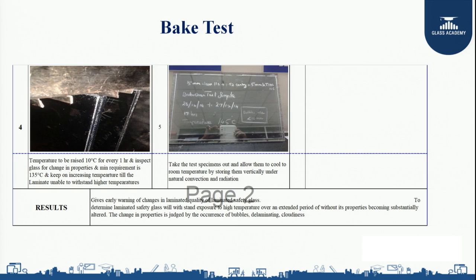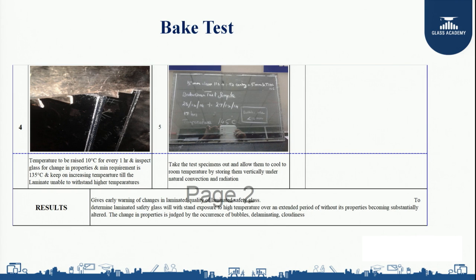So in order to summarize, in the bake test we take samples and heat at 100 degrees centigrade for 16 hours. Then every 1 hour we raise the temperature by 10 degrees centigrade and inspect the glass every hour. We need to make a note when the bubbles start to form. The minimum requirement is 135 degrees centigrade, and we keep on testing until my glass is not able to withstand high temperature and bubbles start to form.